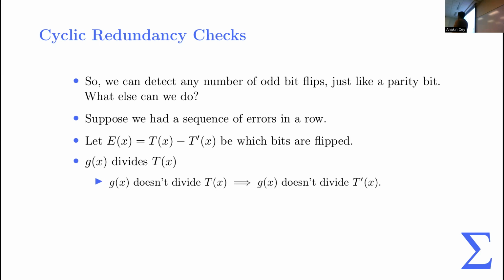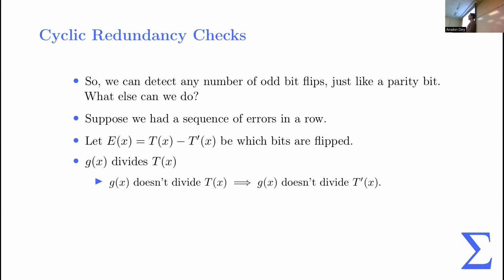G of X divides T of X, because that's how we constructed T of X. Oops, that should be E of X. So G of X divides T of X. If G of X divides T of X, that means for it to divide E of X, it should also divide T prime of X.